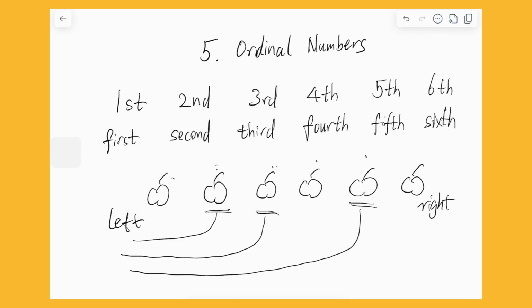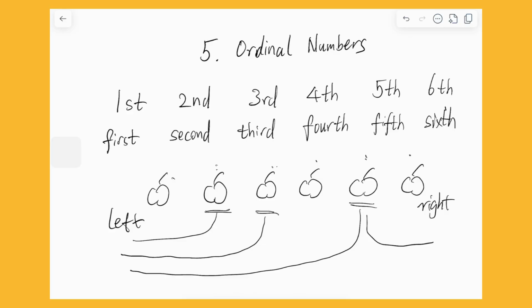Okay, but let's take a look at the position from the right. This apple is the second from the right. Why is that? Because if we start counting from right, we got first, second.